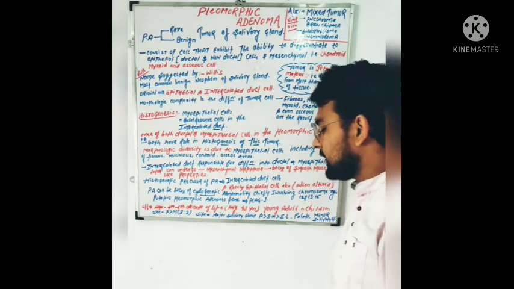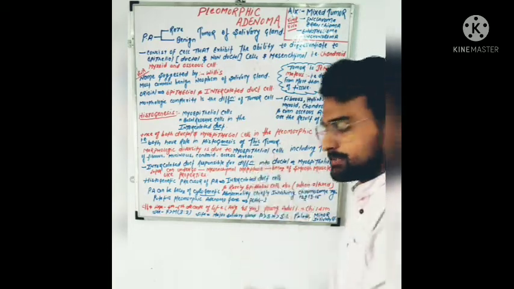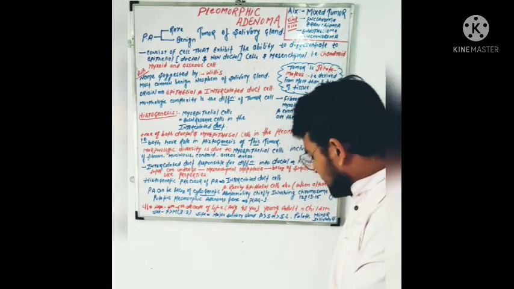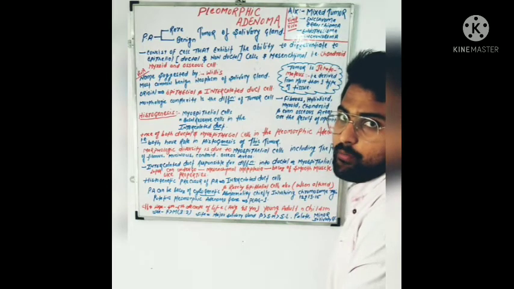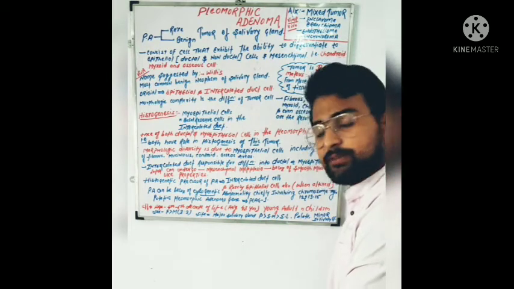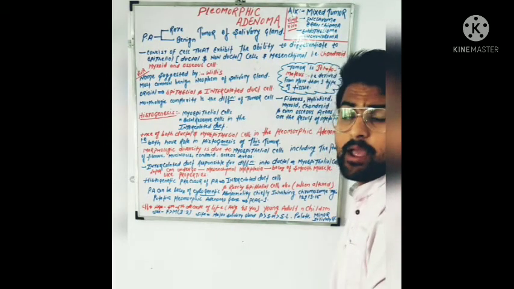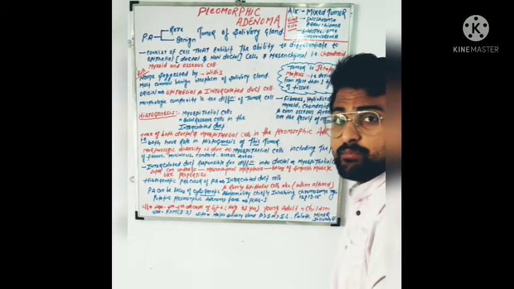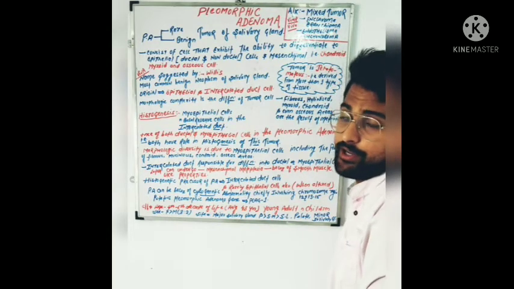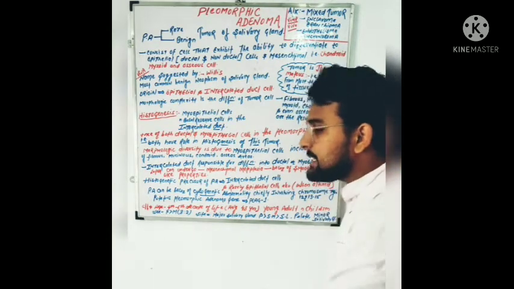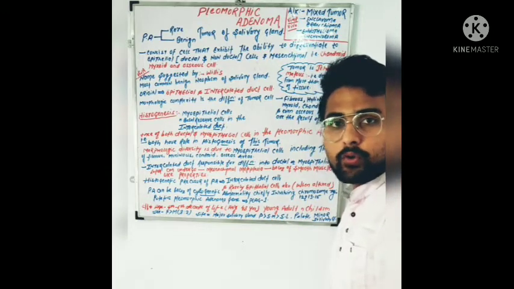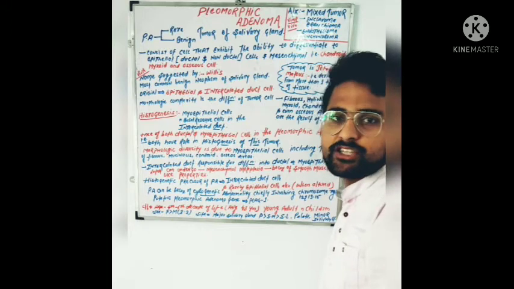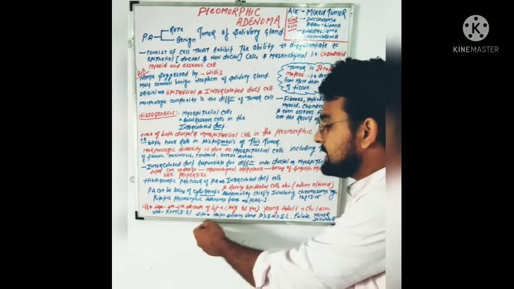The mean age of occurrence is 43 years. Young adults and children are less commonly affected with this tumor, but in children, the most common is the myoepithelial carcinoma. Don't forget it. Then the sex. Females are more commonly affected with this tumor than males. The ratio is 3:2.